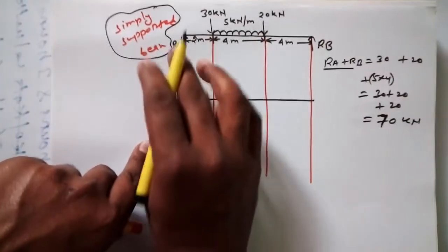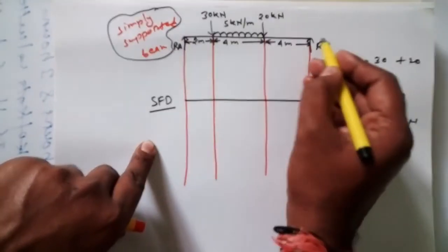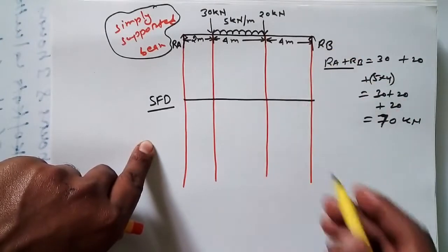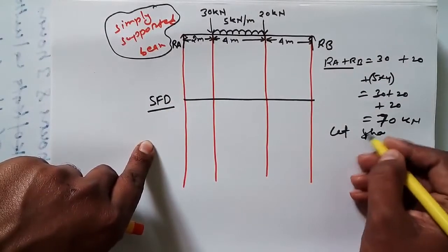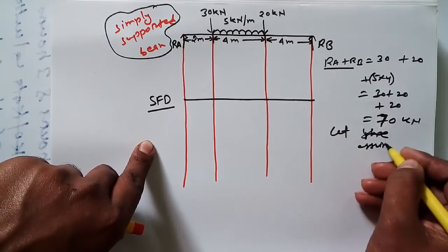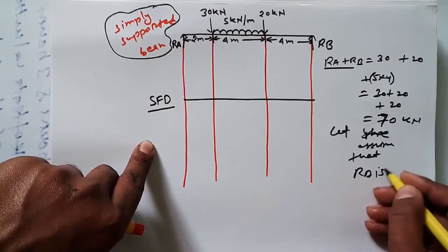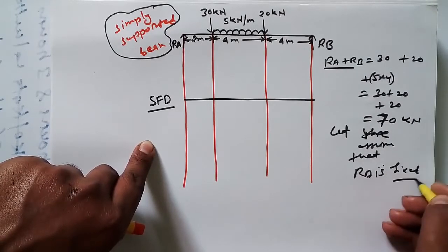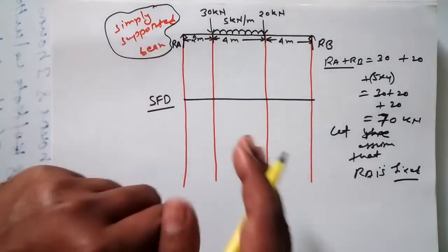Now let me find out how much reaction force is acting here and how much here. Let me assume RA is fixed.